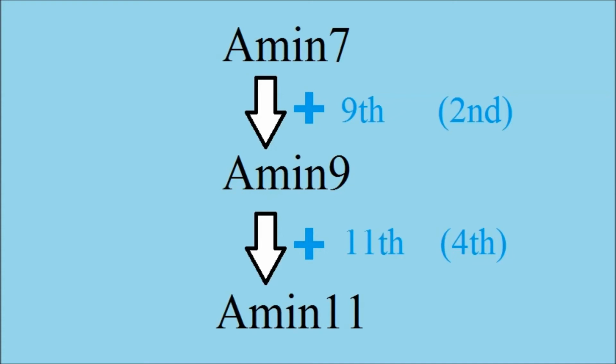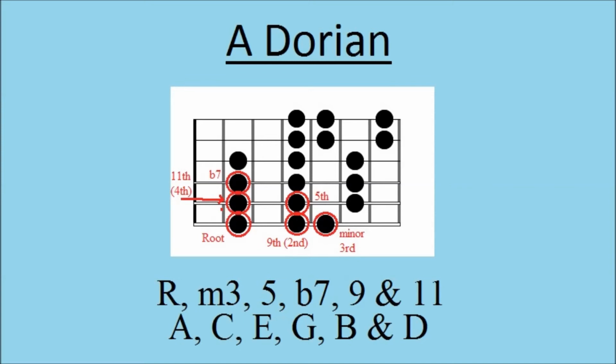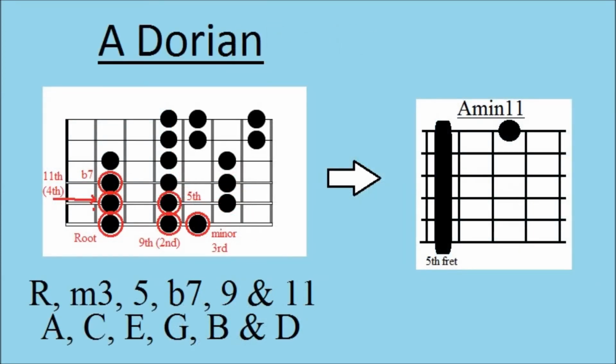If you then go further, and add on an 11th interval, otherwise known as a fourth, then the 7th, the ninth, and the 11th interval all group together again, and you call the whole chord a minor 11 chord. So that's what I've done here. And as you can see, these are the notes in A Dorian which make up an A minor 11 chord. When you arrange these notes on the fretboard, you get a shape like this.